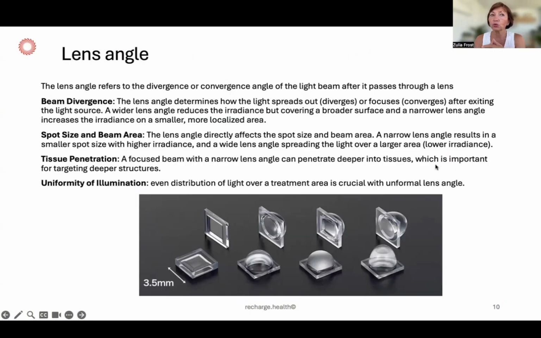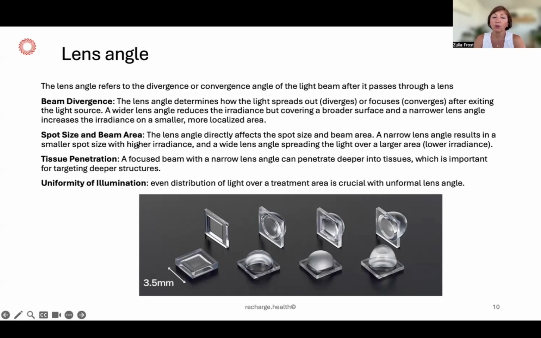So maybe it's good if you need to have a big area of radiation. In contrast, if you want something really specific, very pointy, then you need a narrower lens angle, because then the irradiance will be higher, more focused, on a more localized area.